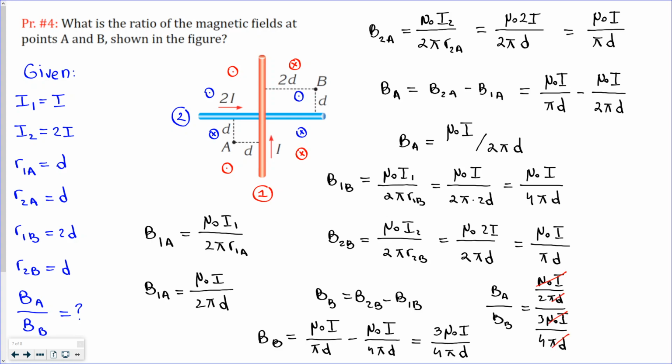All these letters will be cancelled out. And it's 1 over 4 over 3 over 4. I can find the result. It is 4 over 6, or 2 over 3. This is the result.